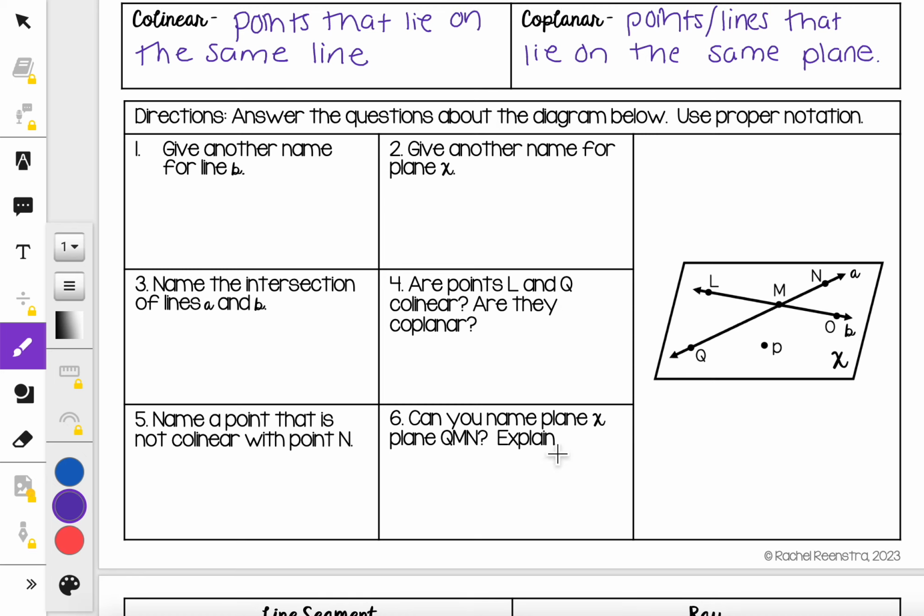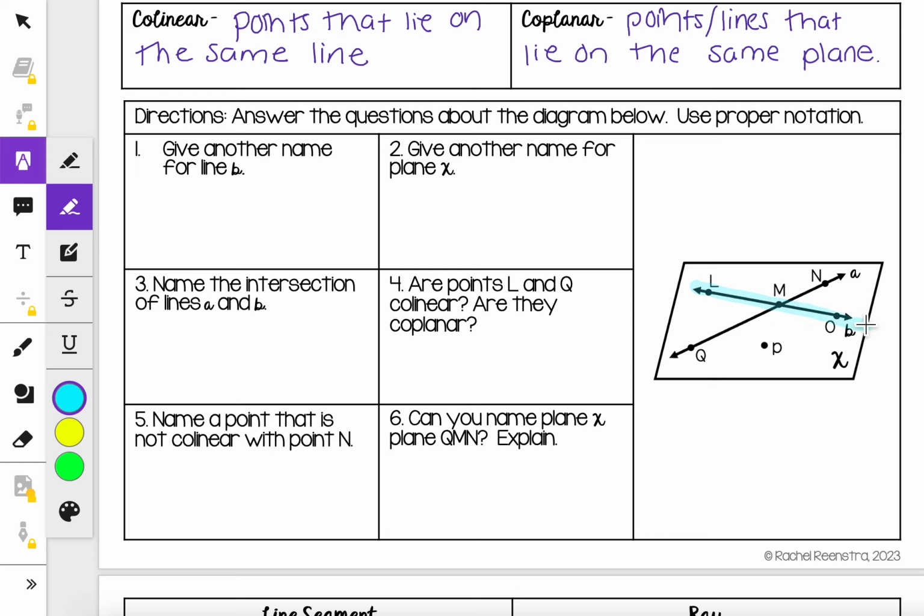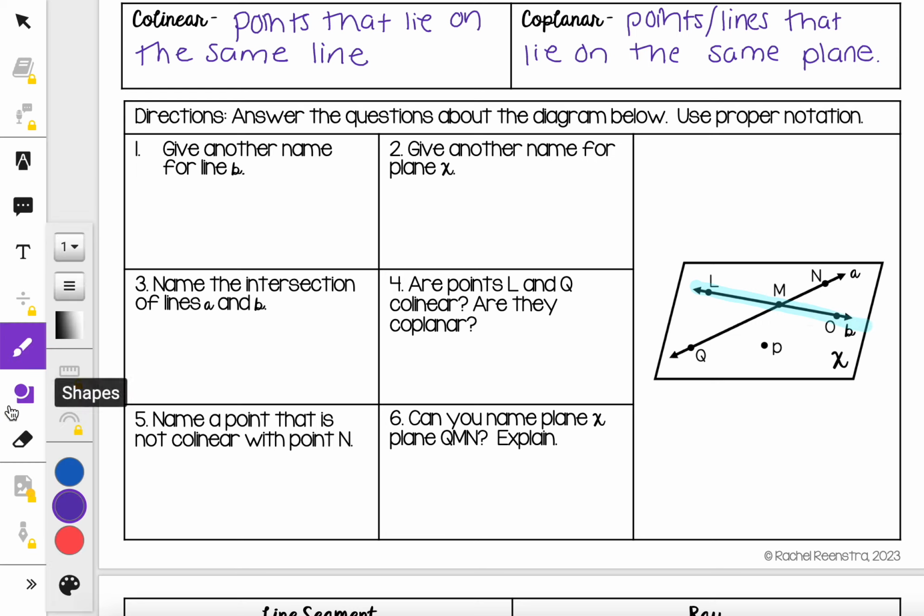Okay, so number 1, give another name for line B. So if I look here, I have this plane. It looks like I have 2 lines on it. And this line here would be line B. Okay, this one I'm going to highlight right here in blue. That would be line B. So if I want to name another name for line B, I'm going to use any 2 points that are on that line.